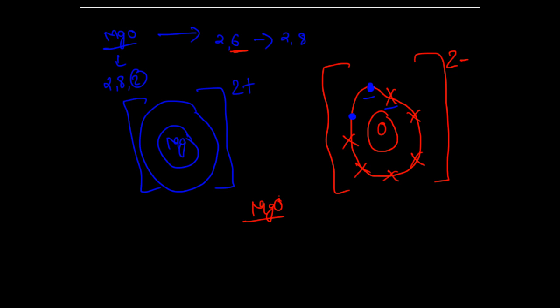Why don't you try it alone: making the electron configuration and the dot and cross diagram of Al2O3. Next up, we will be learning about the next type of chemical bonding, that is covalent bonding.